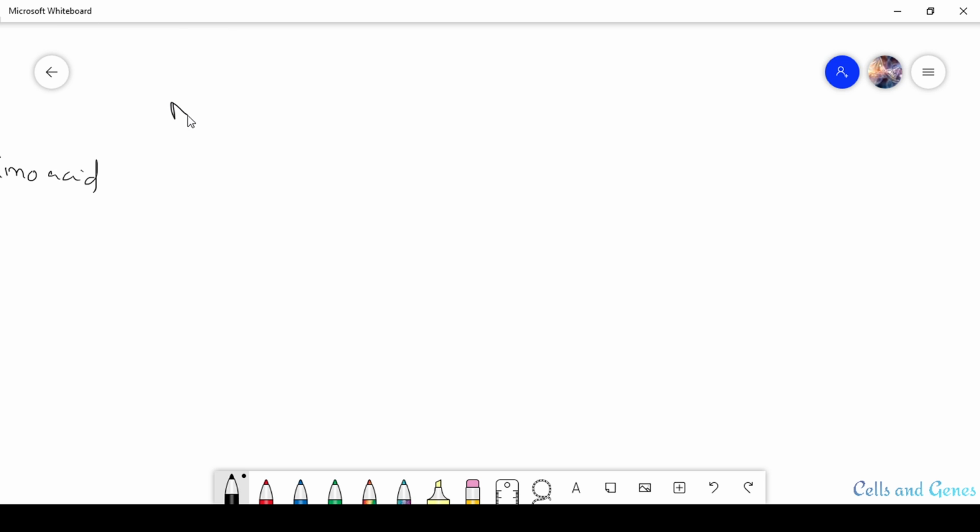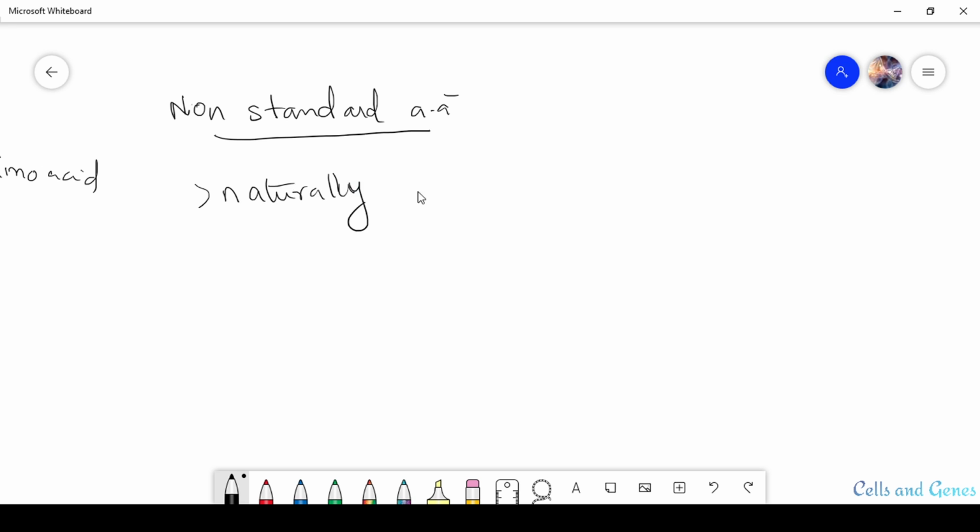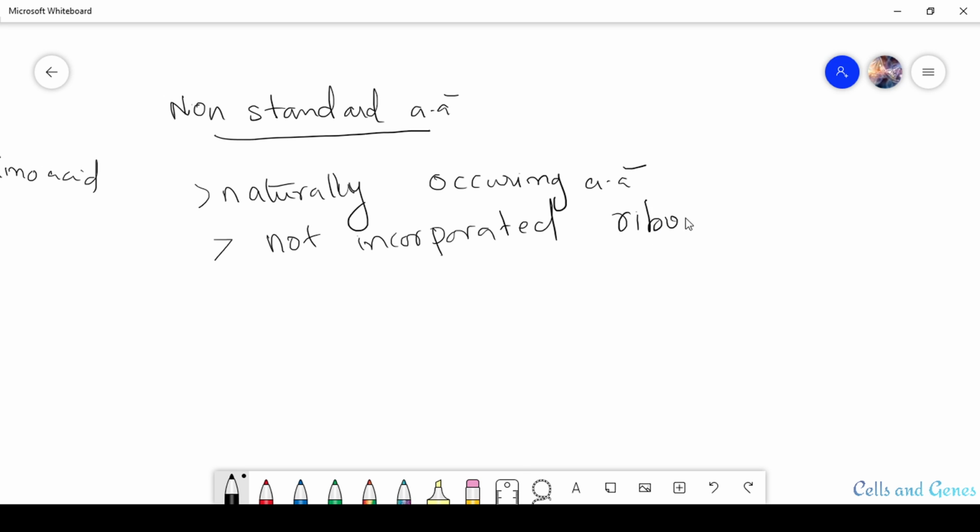Now, what is a non-standard amino acid? They are naturally occurring amino acids and they are not incorporated ribosomically into proteins.